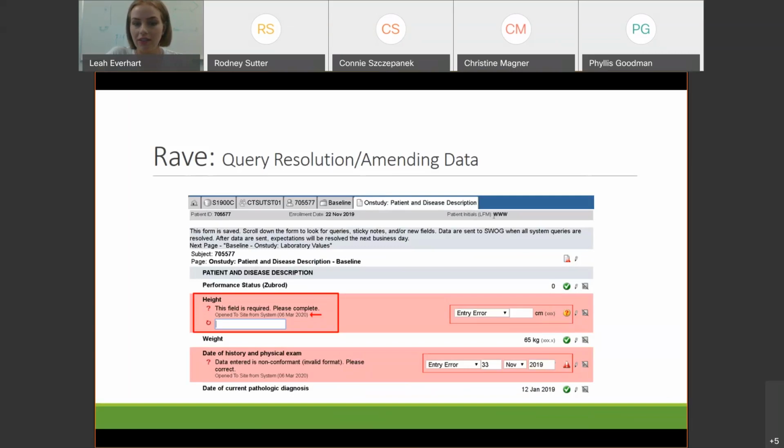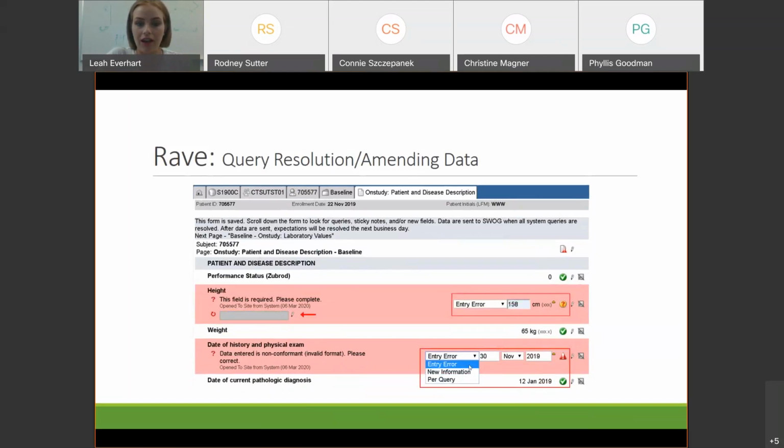You can tell this is a system query because under the query it says open to cite from system. Another example of a system query is the nonconformant error that fired in the bottom right-hand side of the form because the date entered is invalid. And you also can see that nonconformant error icon next to the date. Next slide, please.